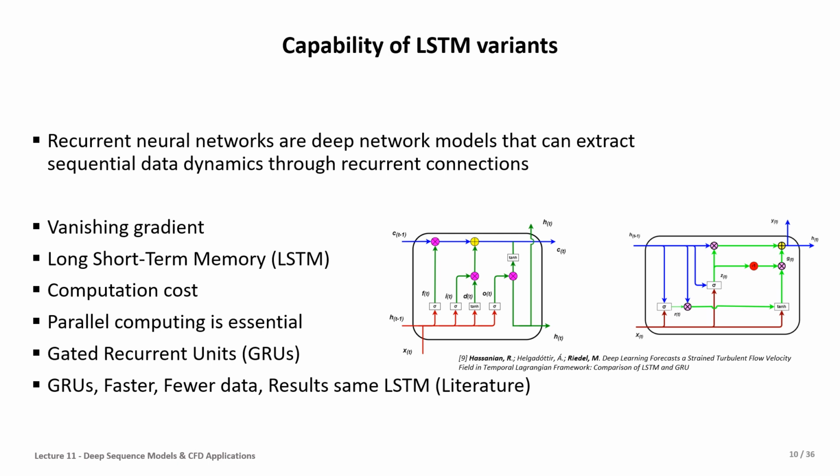The computation cost also could be reduced by some hyperparameter optimization. Parallel computation is essential in deep learning, like the LSTM. From the literature also, GRU can perform faster with less data and results similar to the LSTM. And here there is a presentation of these two different cells and how they process the data.